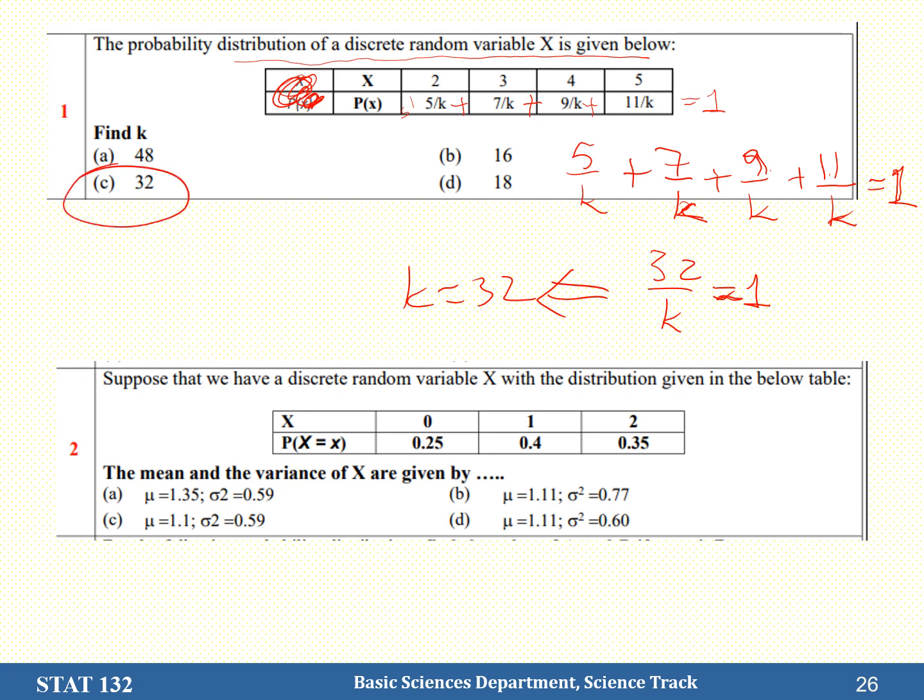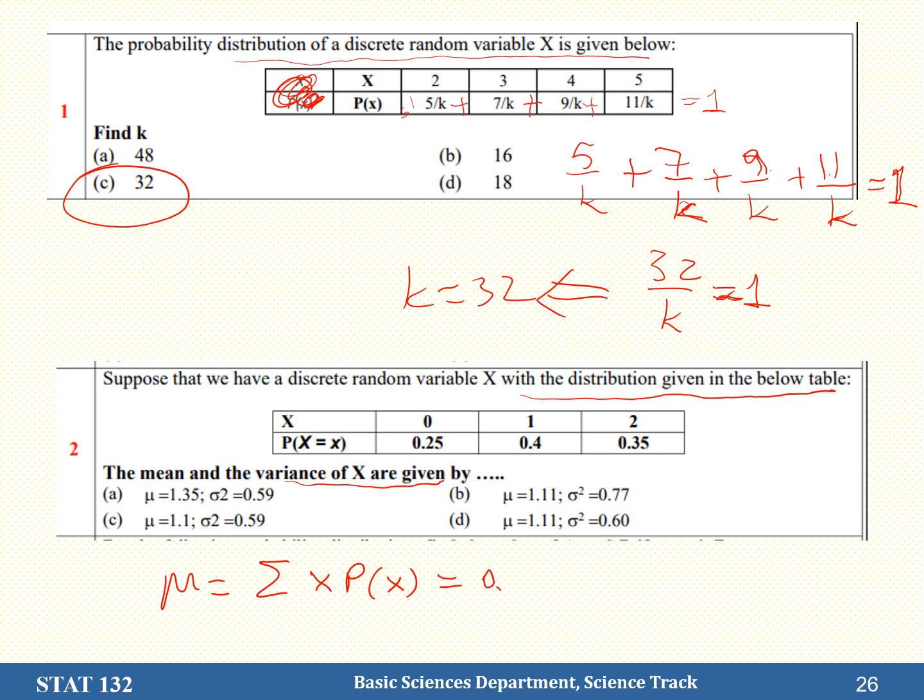Now suppose that we have a discrete random variable x with the distribution given in the below table, and the mean and the variance of x are given by, we have to find the mean and the variance. Now if you remember, the mean is equal to the sum of the products of the values of x times the probability of these values.